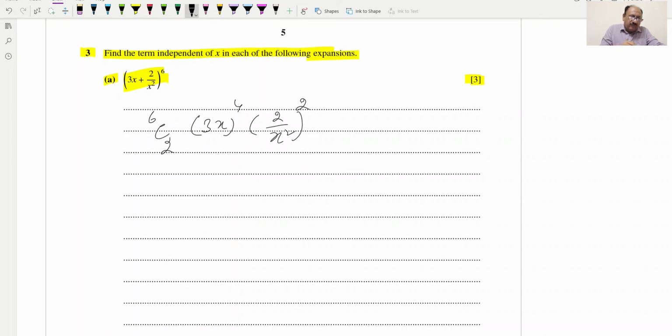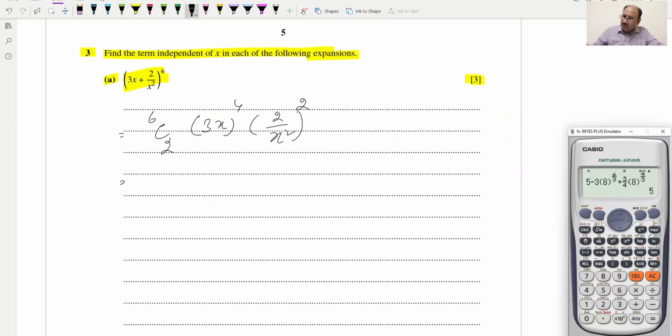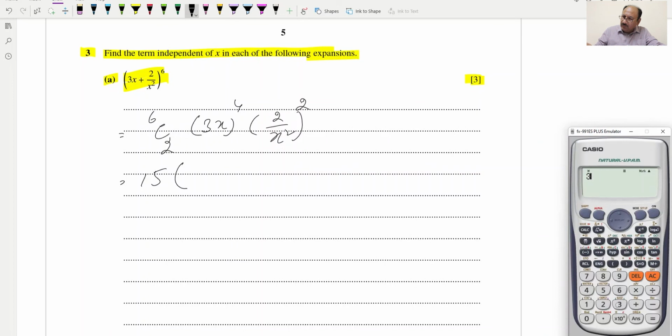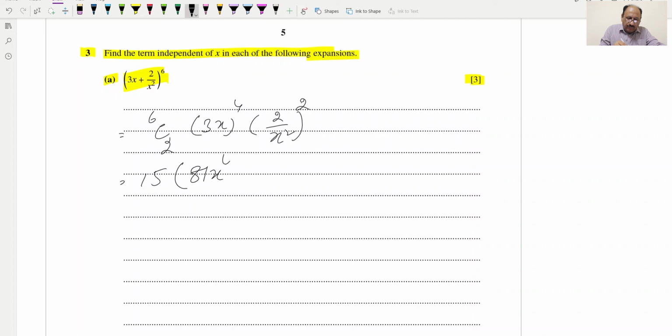And now if we open this, 6C2 will be equal to 15, so 15 into 3 raised to the power 4, which is 81, so 81x raised to the power 4, and this will be 2 squared, which is 4, over x raised to the power 4.